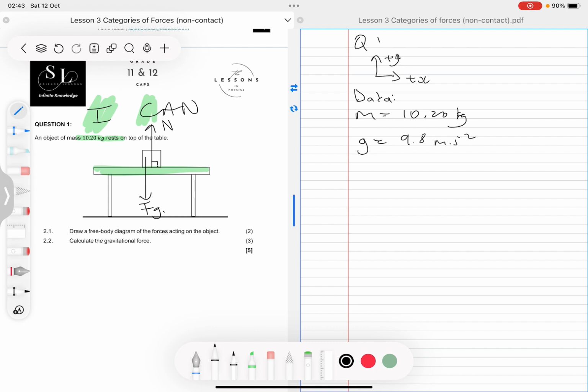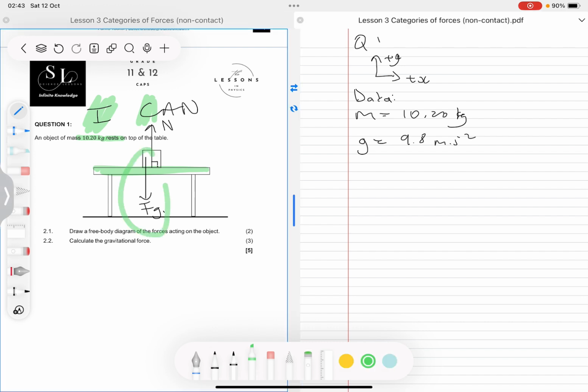I can already see that when we solve this problem, the theory that can come to mind is the knowledge that we have just read of the force of gravity, the gravitational force, right?